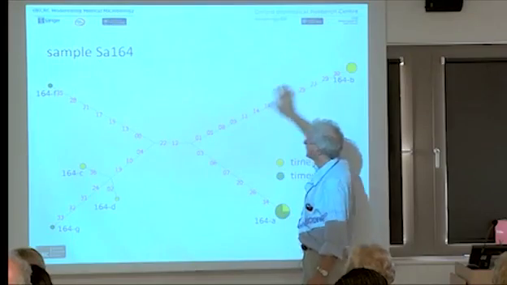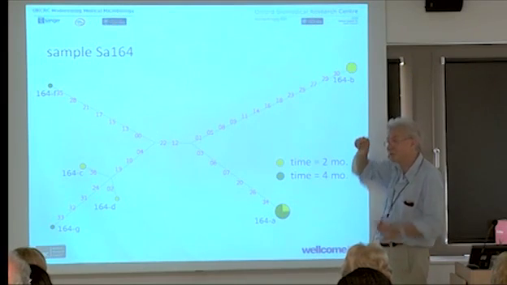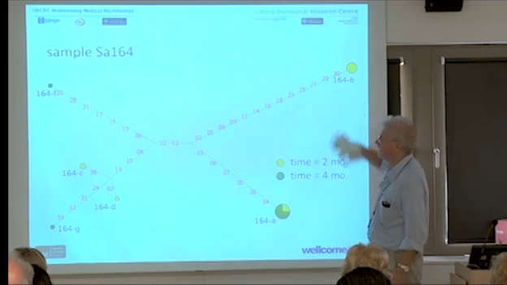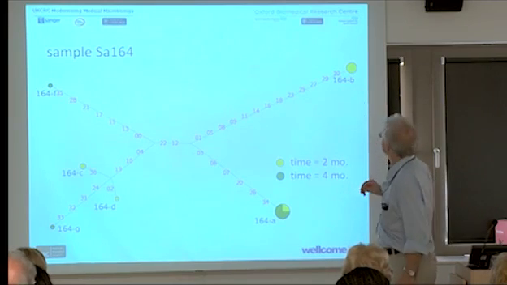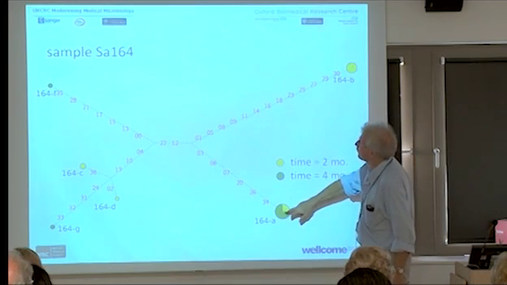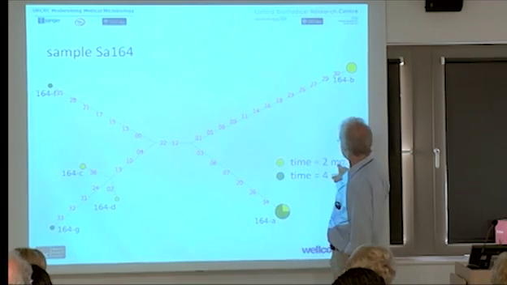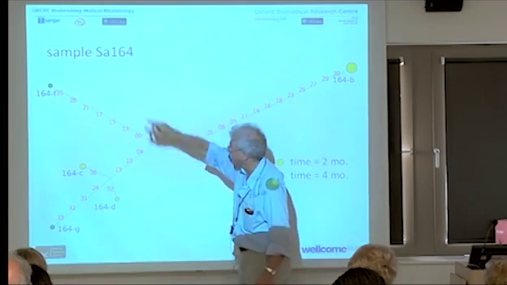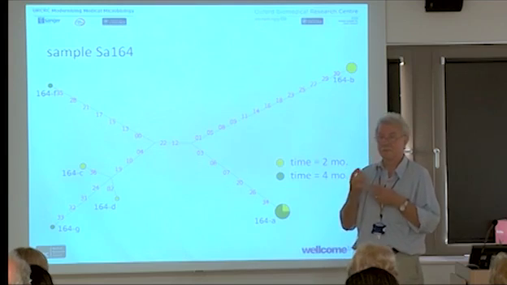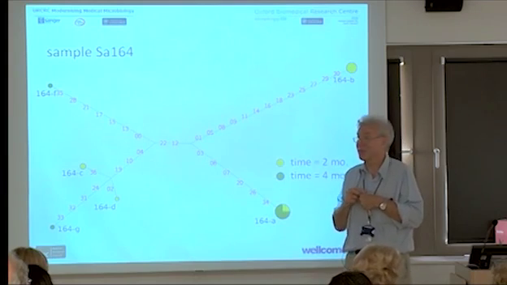These little points accumulate the genetic differences, maybe a mutation, one base pair changes, or it loses a bit of DNA or gains another bit of DNA. And that's happening over time. So this one here, we didn't see it reappear here, but the yellows were at time 2 months, and then at time 4 months you found another one over there. So every 2 months, in a way, these little germs are remodeling themselves and changing.